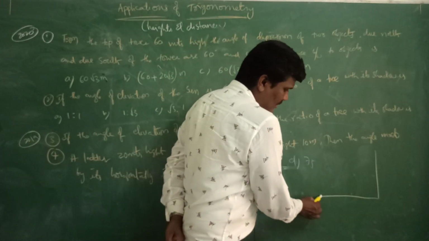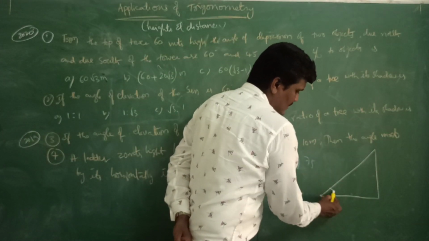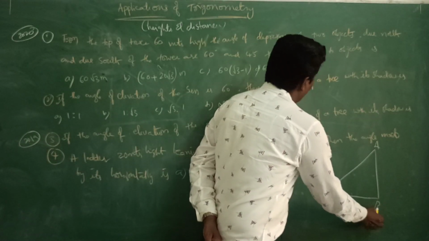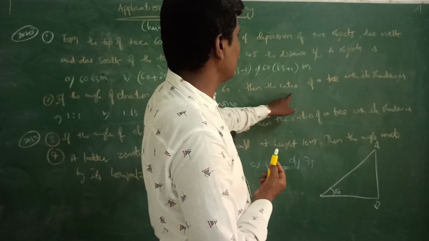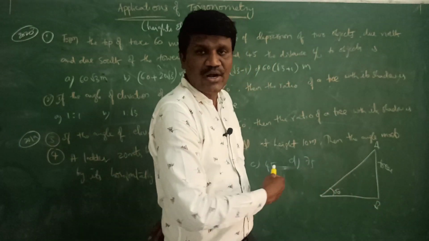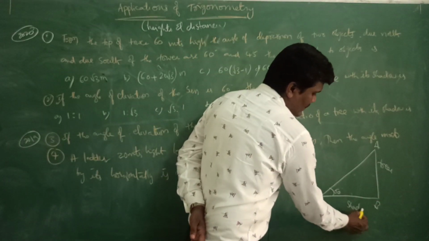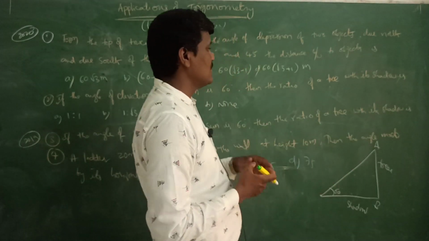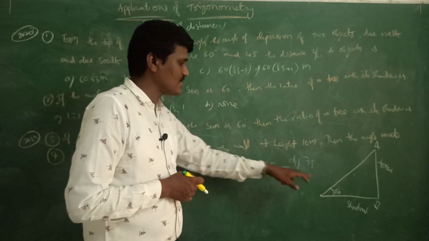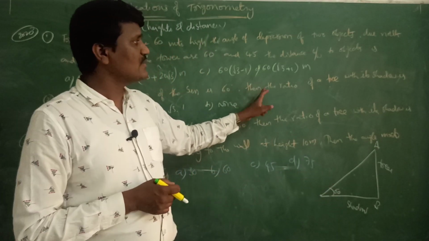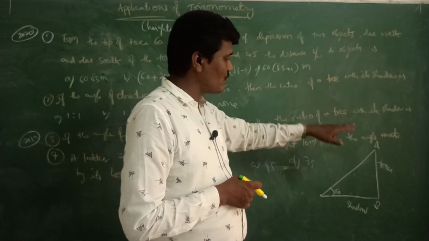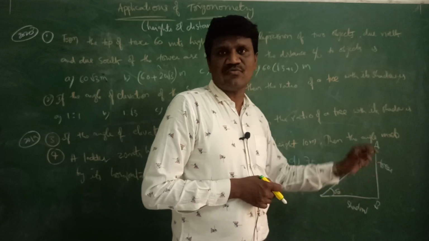From here the angle of elevation of the sun is 60 degrees, and AB is the tree. This is the length of the shadow. They are asking the ratio of tree with its shadow.